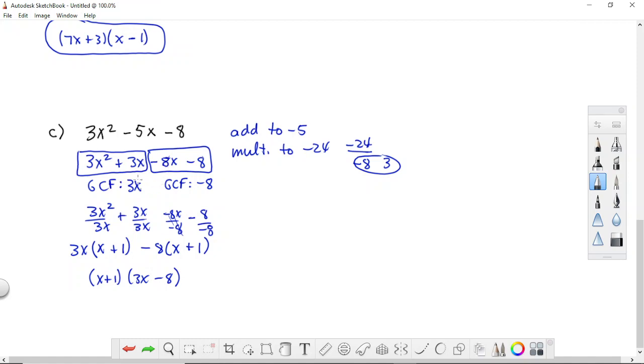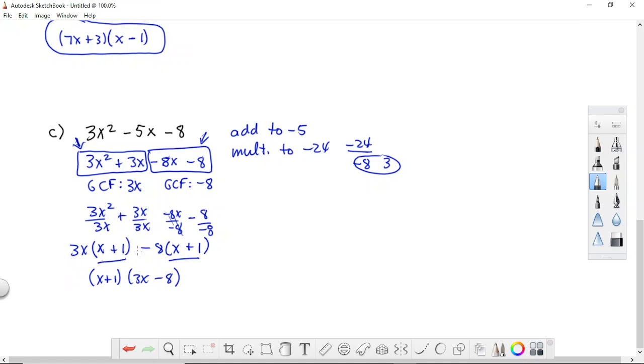And then find the greatest common factor in the first two terms, and find the greatest common factor from the last two terms. Factor out that greatest common factor, and once you do that, if you didn't make any mistakes, you'll be able to factor out a binomial, because you'll have that same binomial as a factor of both products.